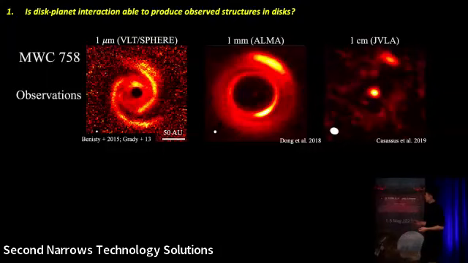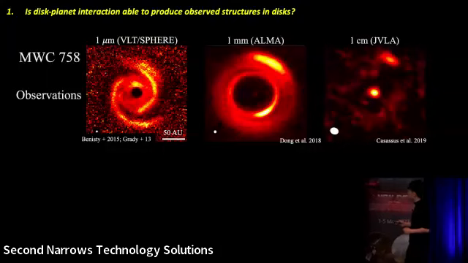The middle and right panels show ALMA and JVLA millimeter and centimeter emission maps. In the ALMA map, we see an inner ring, an outer ring, and on top of them, two emission clumps. The northern ALMA clump also has a centimeter emission counterpart, which we see here. The southern ALMA clump, however, doesn't have a clear counterpart.